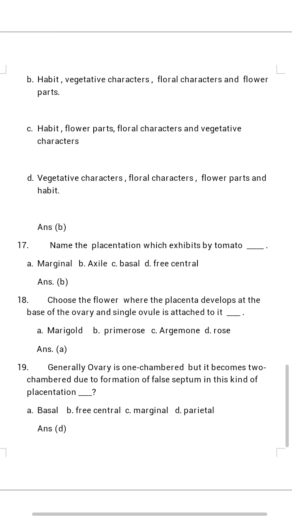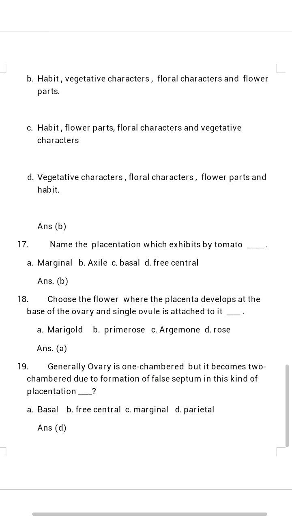Next, vegetative characters. What are the vegetative characters? Like root, stem, leaves, etc. Next, floral characters. Next, flower parts, and so on. So the correct option for this question is option B. Understood? Hope you understood the explanation for this question.